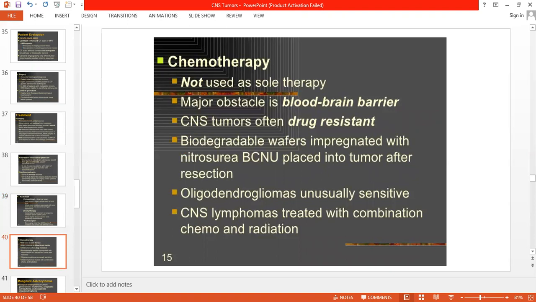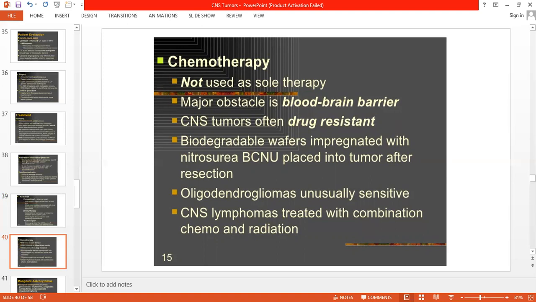Chemotherapy is not used as sole therapy. The major obstacle is the blood-brain barrier. CNS tumors are often drug resistant. Biodegradable wafers impregnated with nitrosoureas are placed into the tumor after resection. These are more effective than systemic chemotherapy.